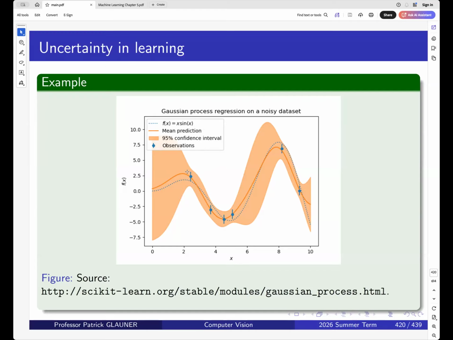The observations are a bit off from the original function because of some noise, and we try to do a prediction. And what we see here is a mean prediction. So we try to predict and then interpolate the mean. And this is this orange line.